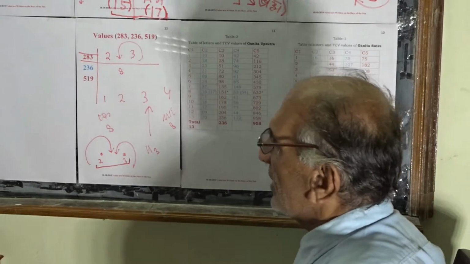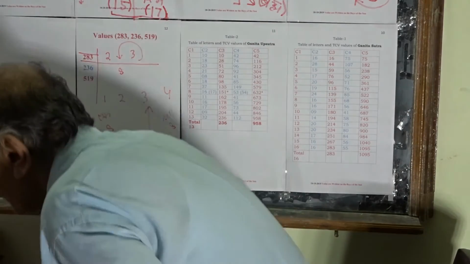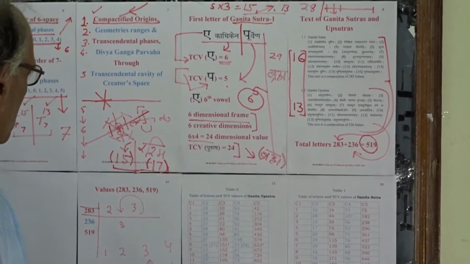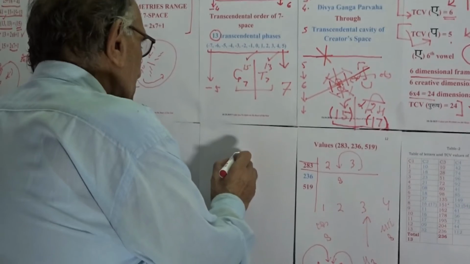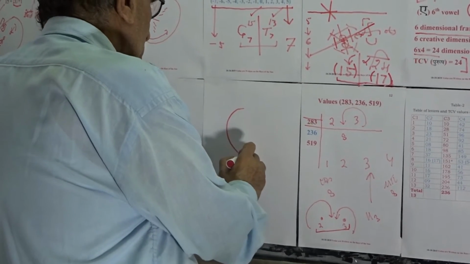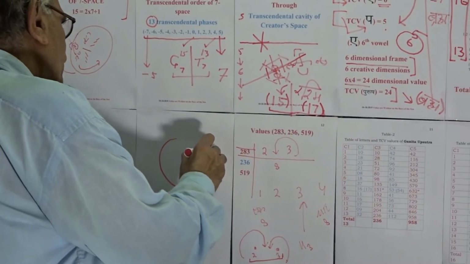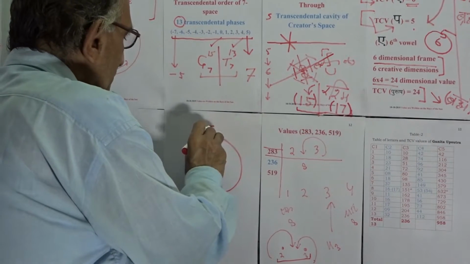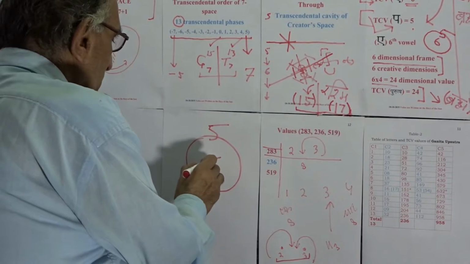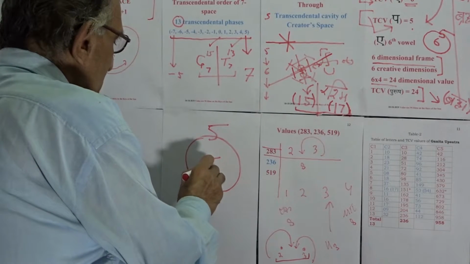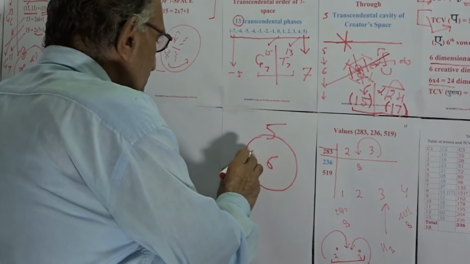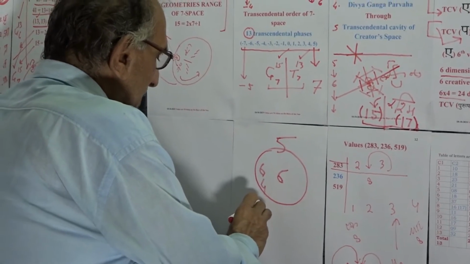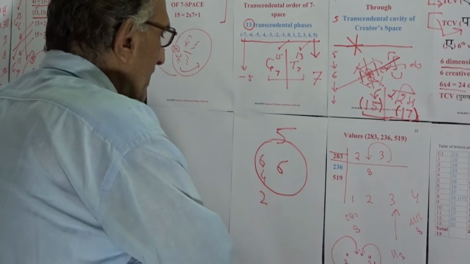Now, let us be face to face with one basic feature, and this feature is going to be that when we are having a particular domain enveloped within a boundary, here the boundary enveloped is 5, transcendental boundary, and the domain is going to be 6. We know 6 space is having 4 space in the role of a dimension and 2 space in the role of dimension of dimension.